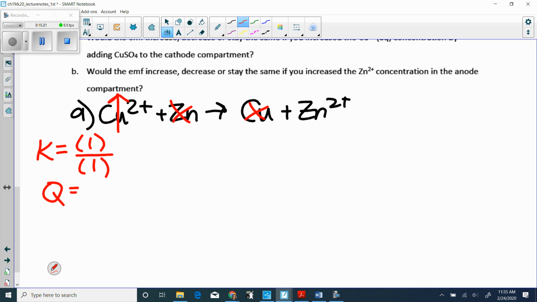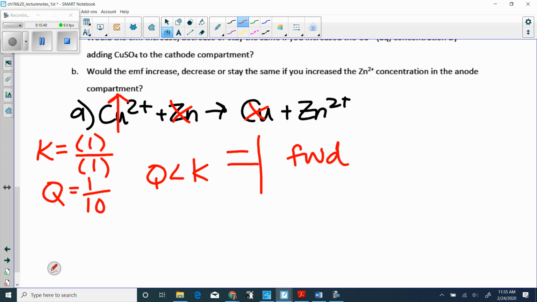If I increase my copper, I'm going to pretend it increased to 10. My Q now is going to be less than my K. 1/10 is smaller than 1. If Q is less than K, I have a forward reaction. In a voltaic cell, the forward reaction produces electricity.